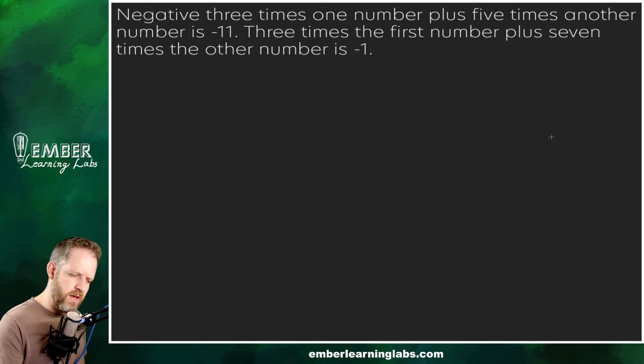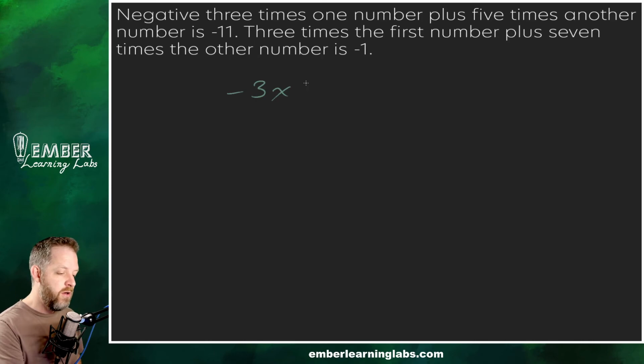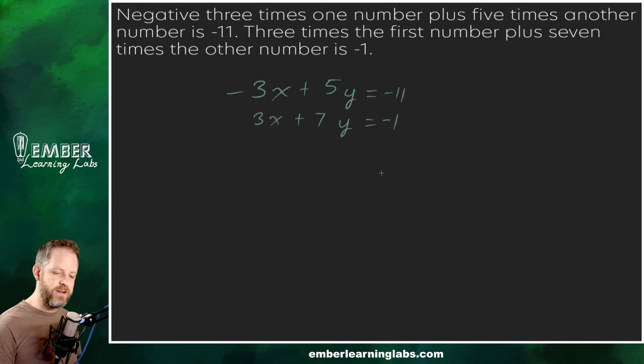So negative 3 times one number, x, plus 5 times another number, so that's another variable, y, equals negative 11. And then 3 times the first number, so 3 times x, plus 7 times the other number, y, equals negative 1. Little practice translating things, and we're off to the races, right?